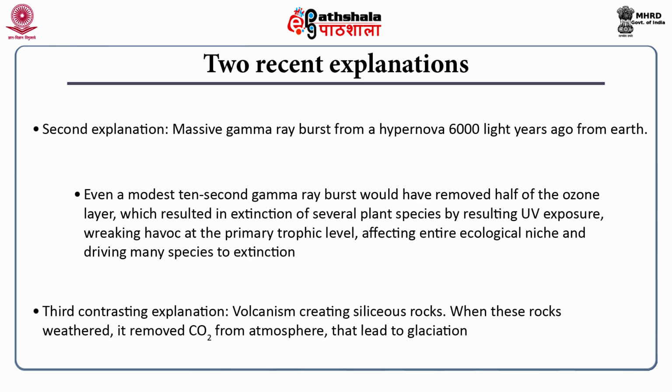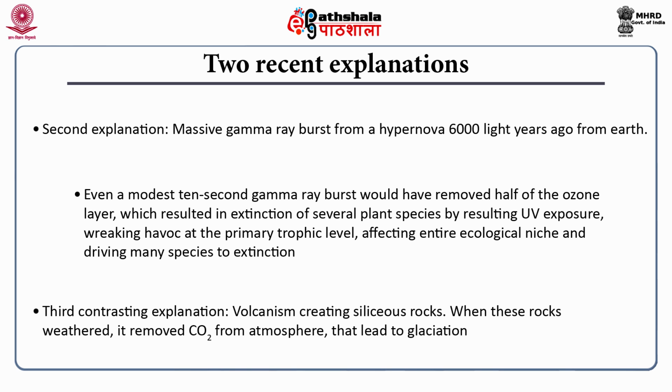And now we have a third, contrasting explanation for the same Ordovician-Silurian extinction event: volcanism creating siliceous rocks all around the world. When these rocks weathered, it removed CO2 from the atmosphere that led to the glaciation. That is a very interesting explanation.